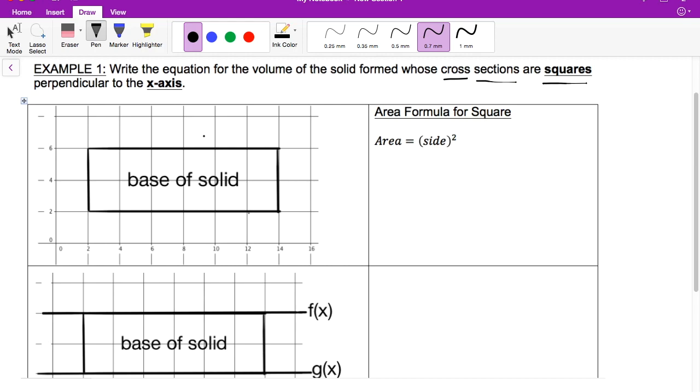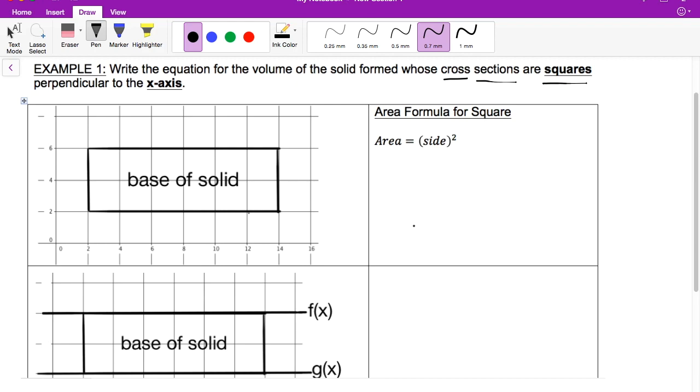In addition to the shape of the cross section, as well as the axis to which the cross sections are perpendicular, you should also be given a specific area that represents the base of the solid. The base of the solid is essentially what the solid sits on.